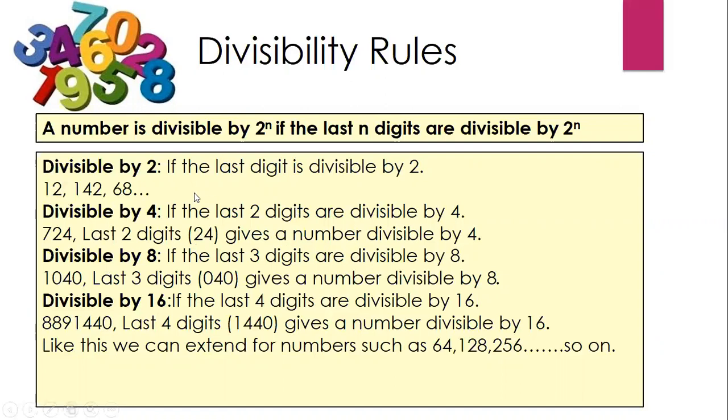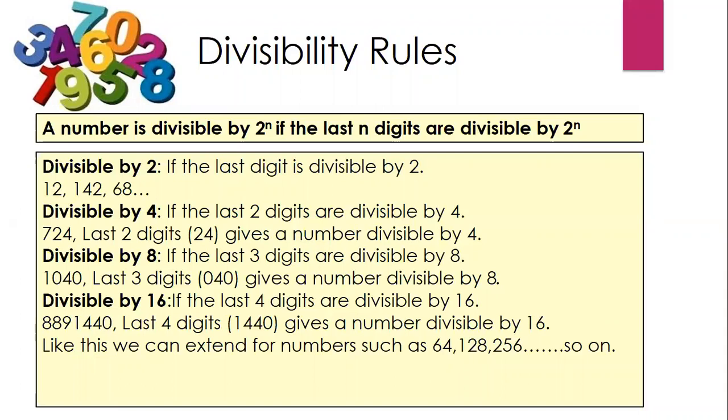Sometimes they will give you a larger number with 20 digits or 30 digits and ask you for the remainder. In that case, we cannot take all the digits and find the remainder. So it's easy for us to take only the last three digits or last four digits based on the numbers, and then we can find the remainder.